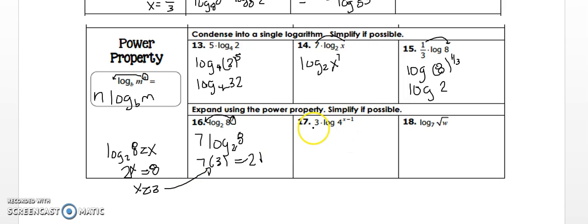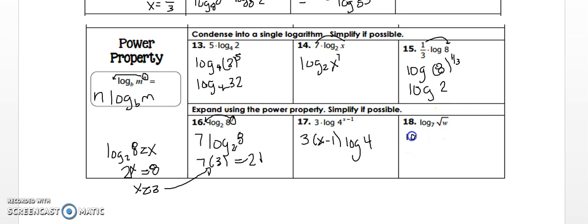All right, next one. This one already actually has a coefficient on the front of it, so we're just going to multiply this out. So we still have the 3, and then the x minus 1 got moved out front, and then log of 4. And this one. All right, this looks kind of confusing because we have a square root, but remember we can turn that square root into a fraction.